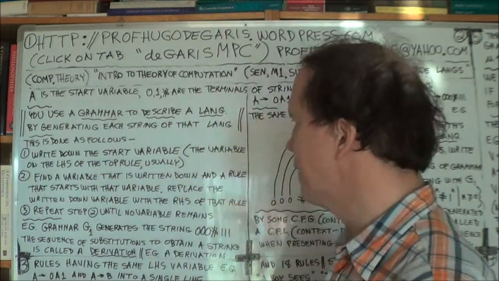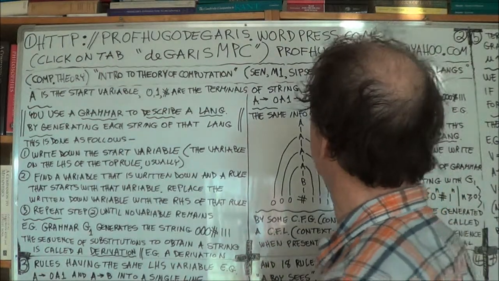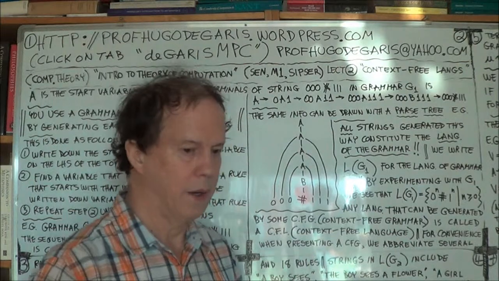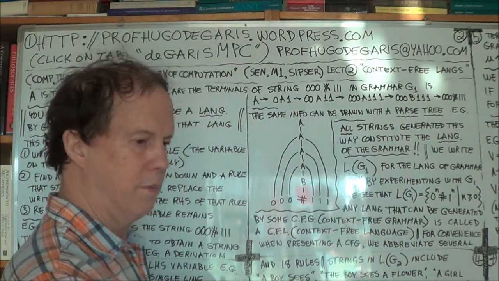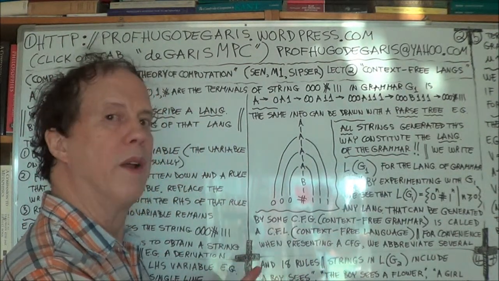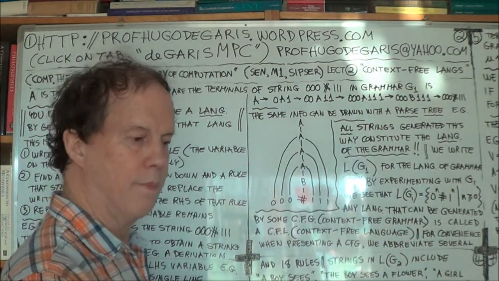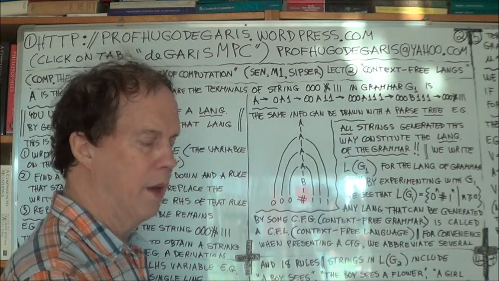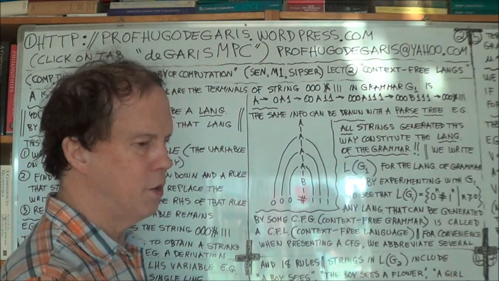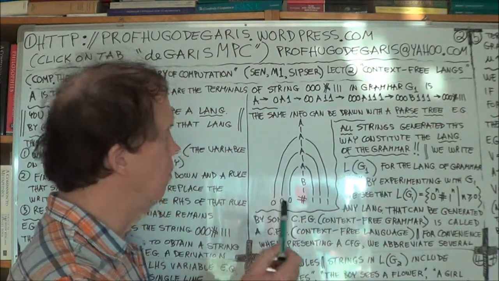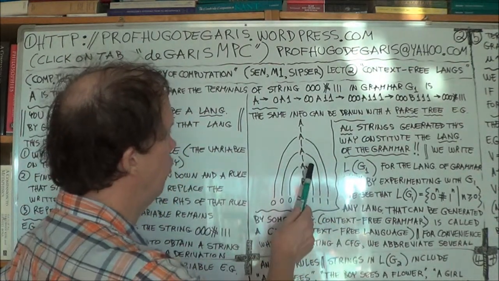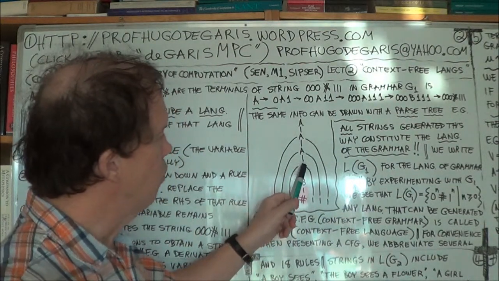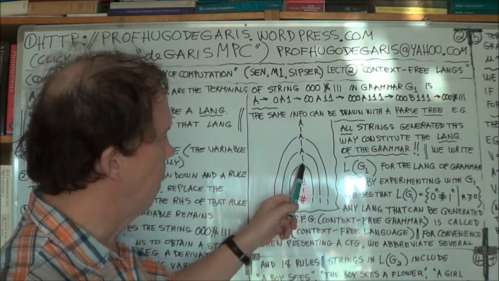Well, context-free in the sense that when you substitute a variable, that one variable, by whatever's on the right-hand side of the substitution rule, like when we replaced A by B, we just replaced one variable by something.